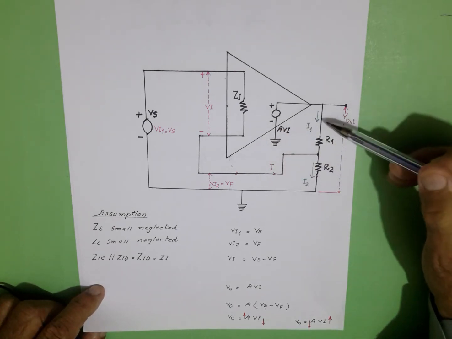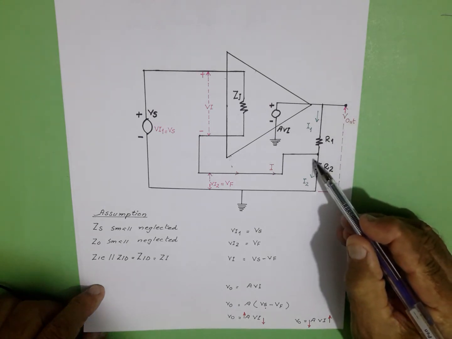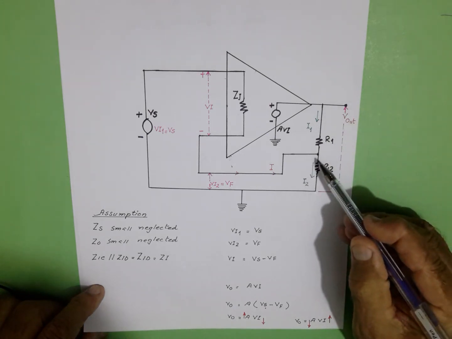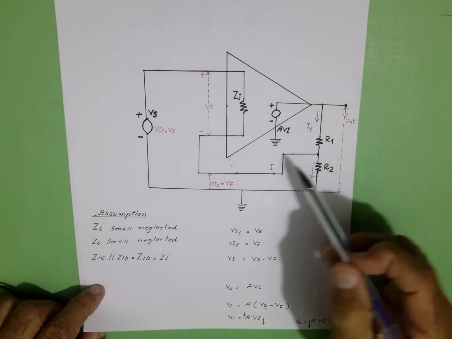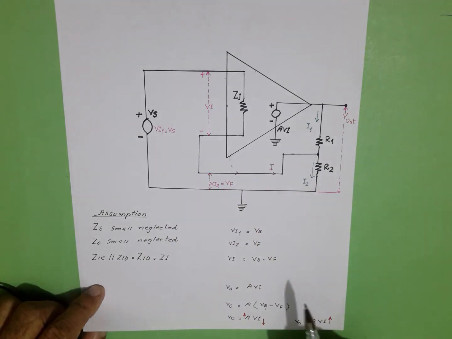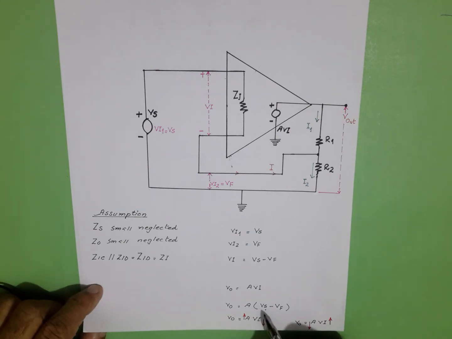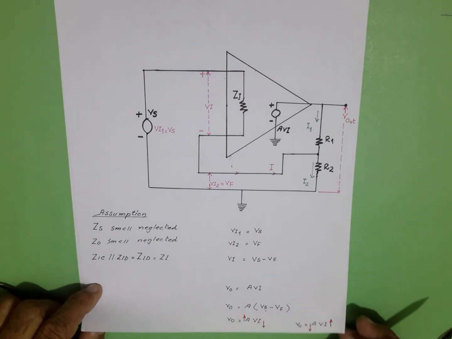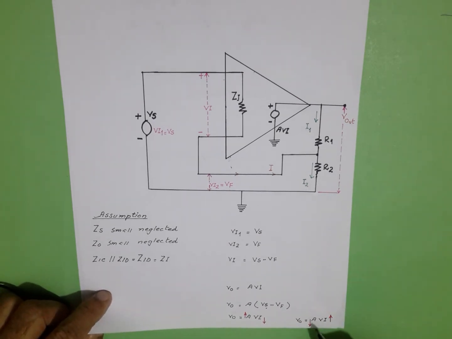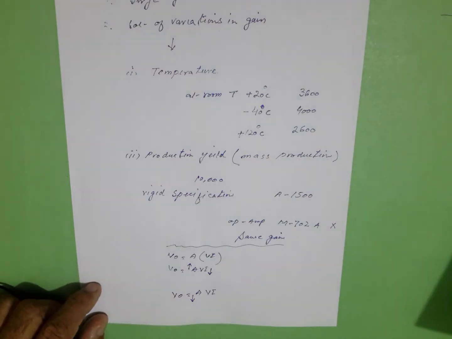When the output voltage decreases, there is less voltage dropped across R2 and it subtracts from Vs. When Vf is less and subtracts from Vs, it is going to increase the input voltage. Now when gain tends to decrease the output voltage, V input 1 increases to counterbalance this decrease in output voltage.